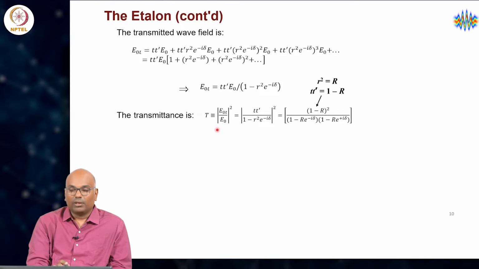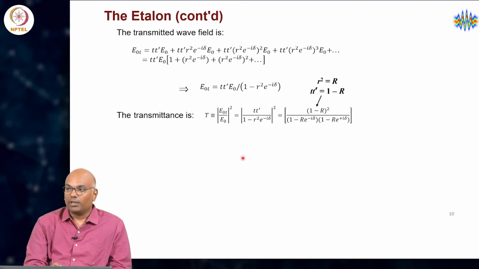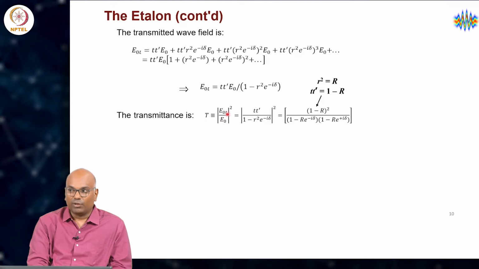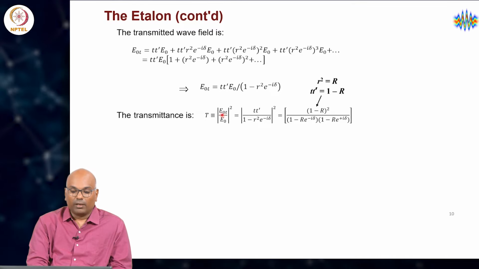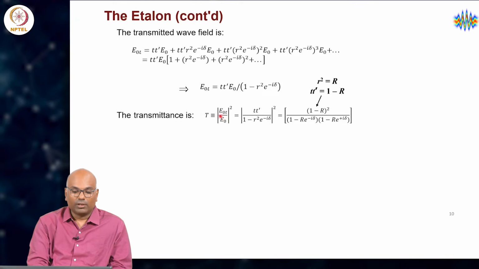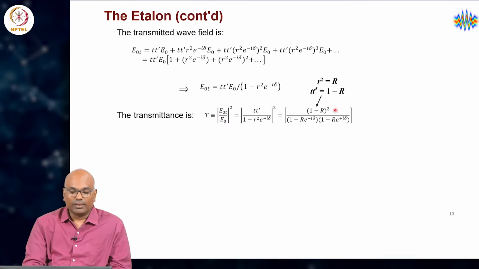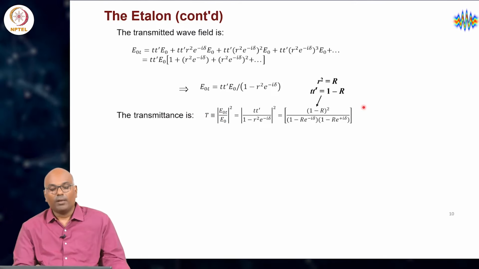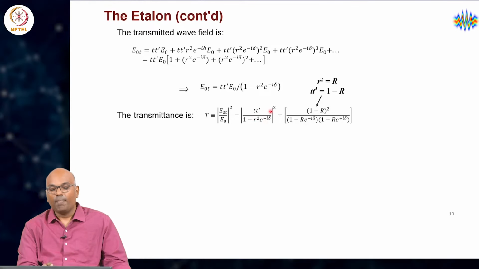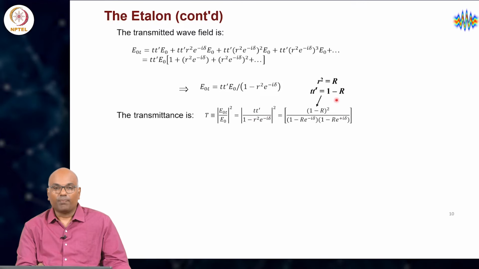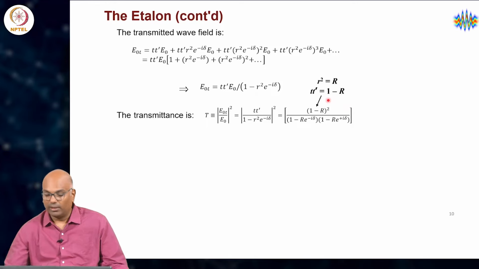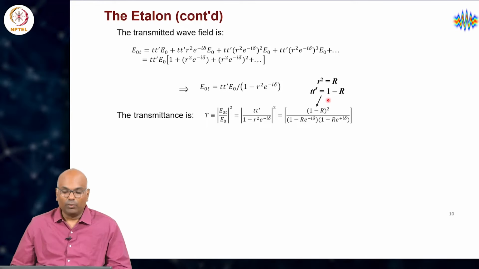So, the transmittance of the irradiance, which is essentially the ratio of the irradiance transmitted to the irradiance incident, can be written down in terms of T, t prime, r and delta, and we use some established expressions to write this down.